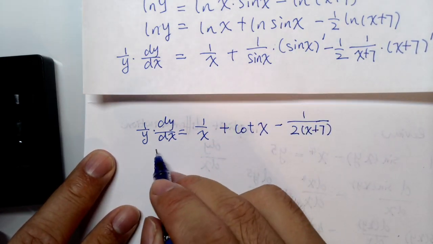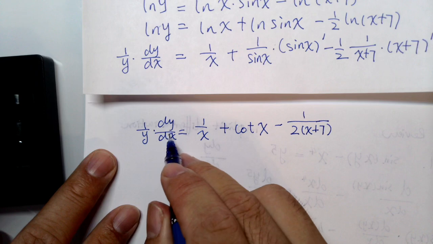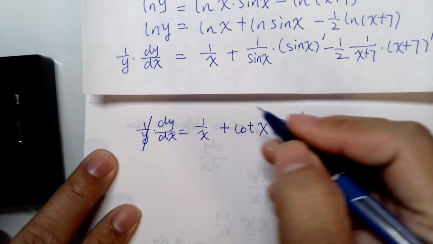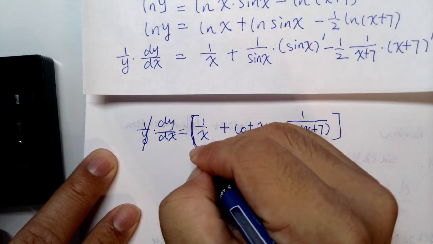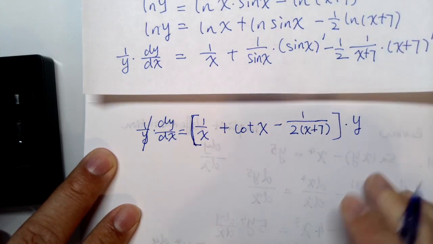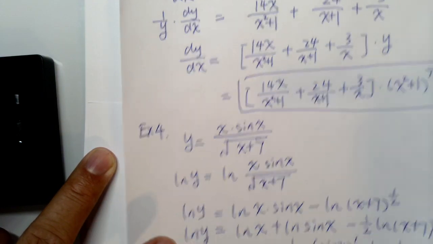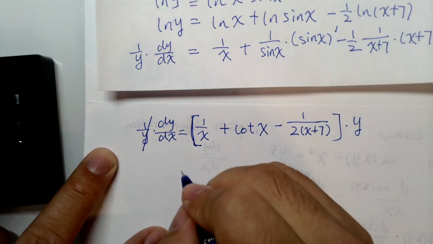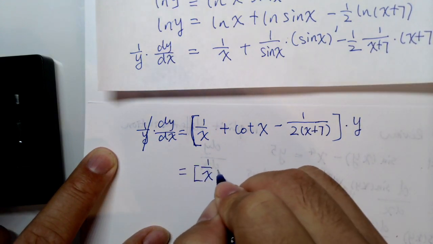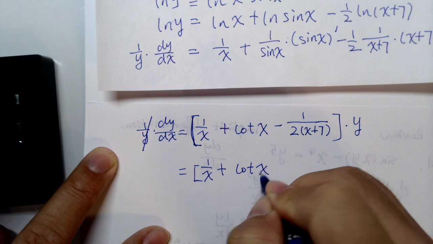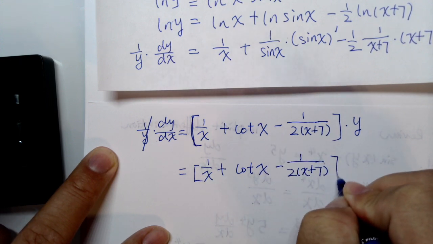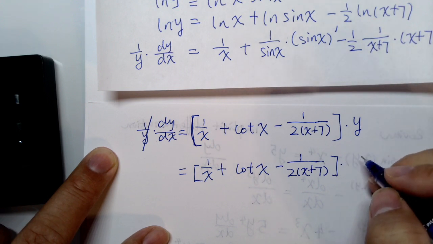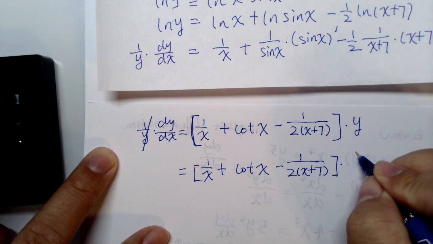On my left is always 1 over y dy dx. So dy dx is going to be the bracket times y. And where is my y? Go back to here and replace that, and then times x.